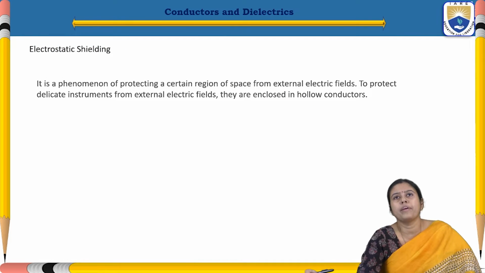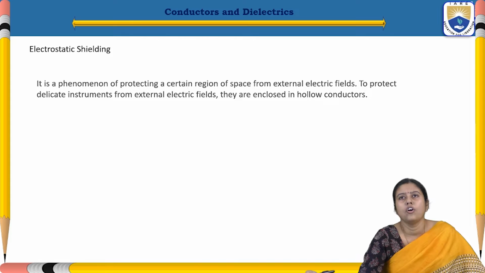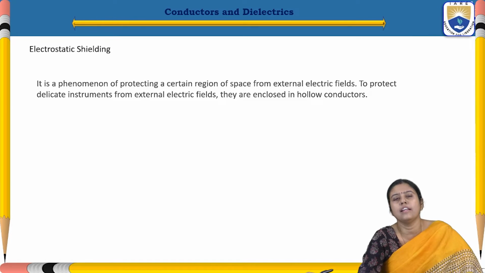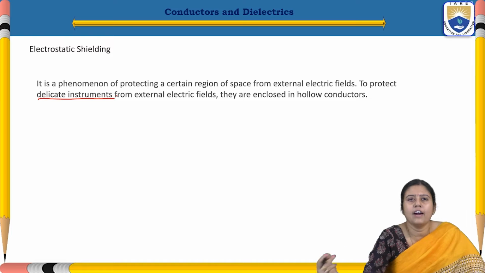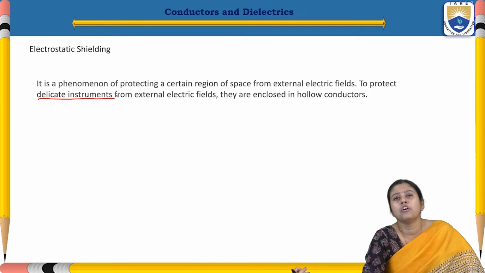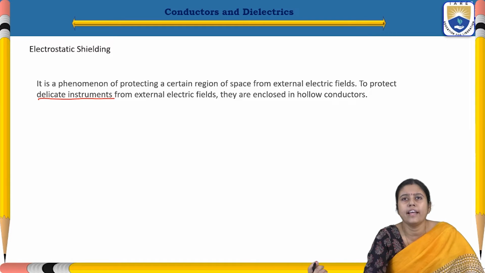Next important topic is electrostatic shielding. What do you mean by electrostatic shielding? It is a phenomenon of protecting a certain region of space from the external electric field. We have very costly or delicate instruments, like the mobile charger and the laptop charger, which have copper wires inside them, and they are very delicate.